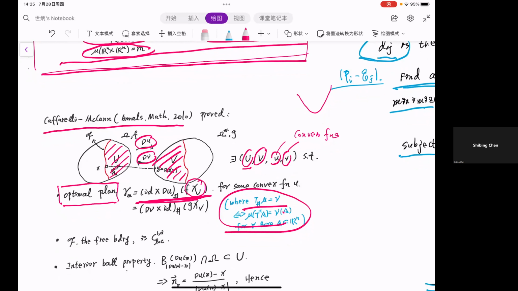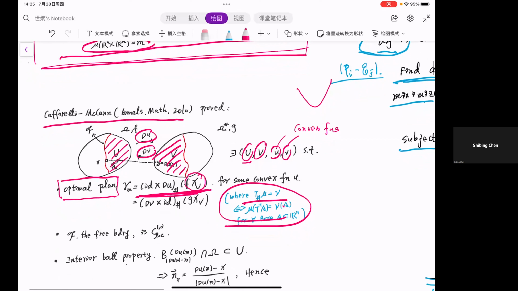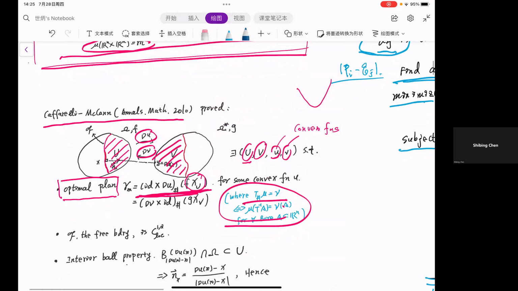Okay, so in this picture it is quite nice. The mass participating in the transportation and the mass not used are exactly separated by a hypersurface. In dimension 2, it's basically a curve. In high dimension, it's a hypersurface. Similarly, in the target domain, the similar thing happens.